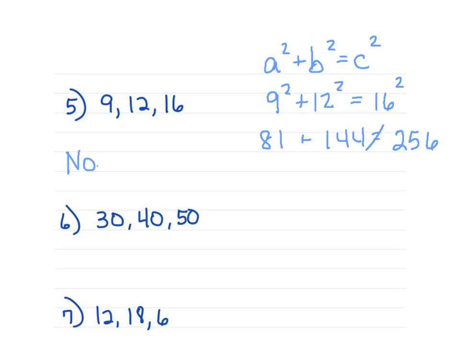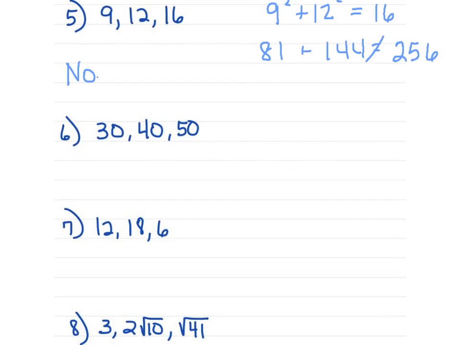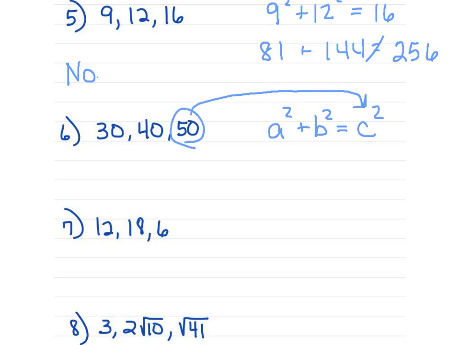Okay, number 6, let's try it. A squared plus b squared has to equal c squared. My only concern is that I picked the longest side to be c. So 30 squared plus 40 squared equals 50 squared.